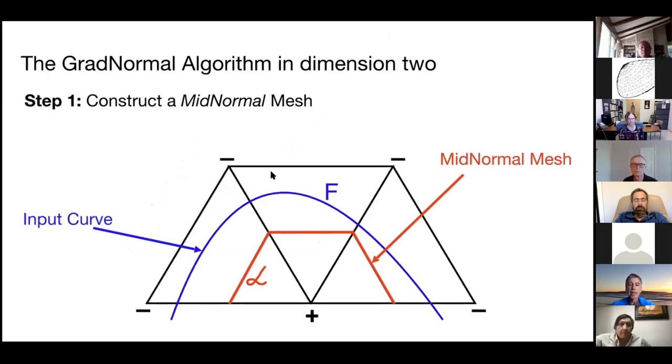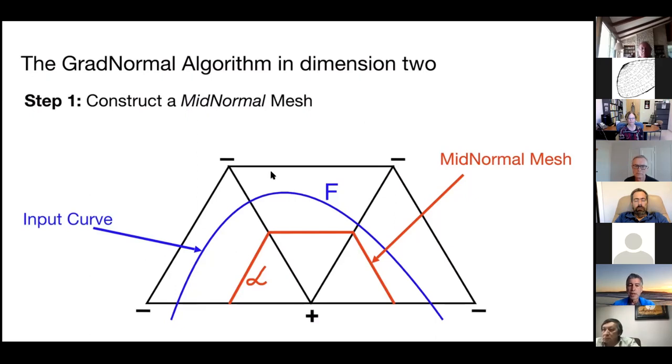So step 1 is, rather than taking an inscribed polygon to this blue curve, we'll just pick an approximating normal curve that intersects each edge in the midpoint of the triangle vertices. So if those of you who have studied normal surfaces, this is the way you would standardly construct a normal curve or a normal surface. You put the vertices at the midpoints.